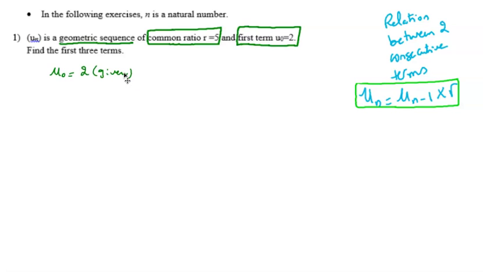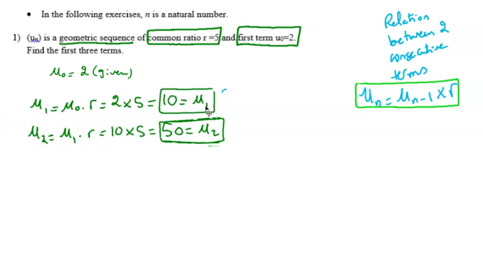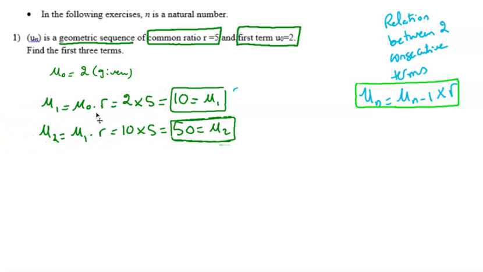So we are given that u0 is equal to 2. In order to know u1, we take the previous term, u0, and multiply it by the common ratio, that is 5. Therefore u1 is equal to u0 times r, which is 2 times 5, which is 10.